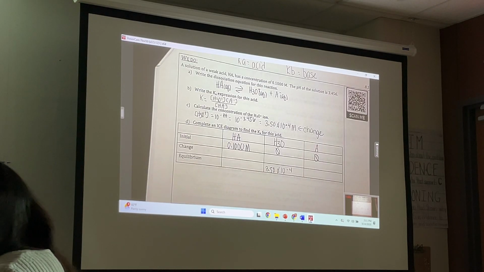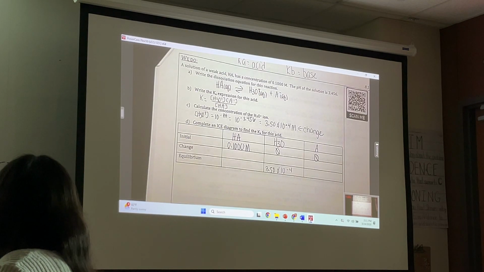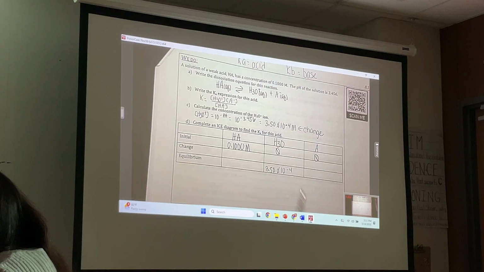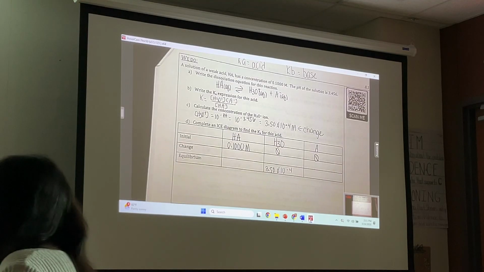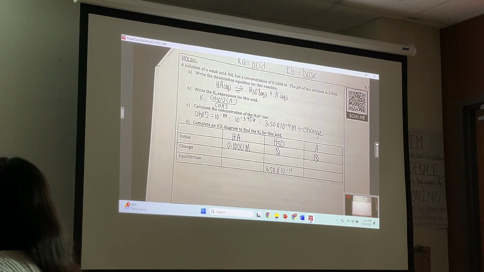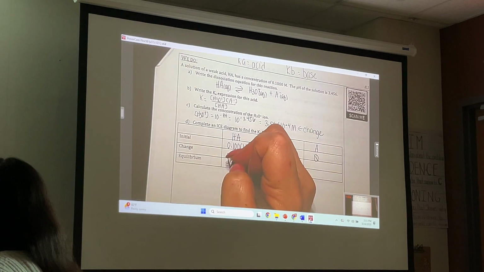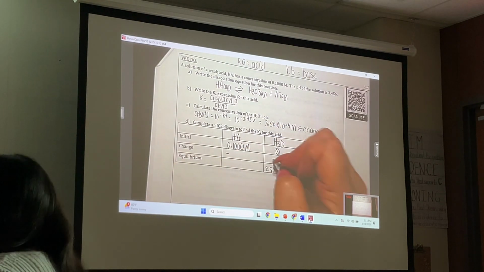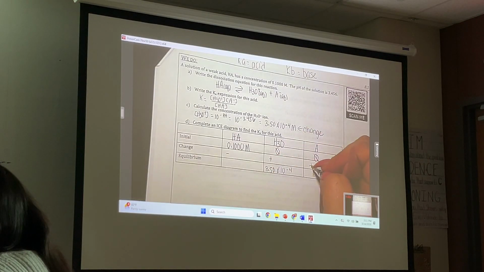Let's go ahead and apply the change first. Let's first determine if this is a forward or reverse reaction. Looking here at my ICE table, do I have a reverse or a forward reaction? A little louder? Forward reaction. We know that my reactants are going to be negative and my products are going to be positive.